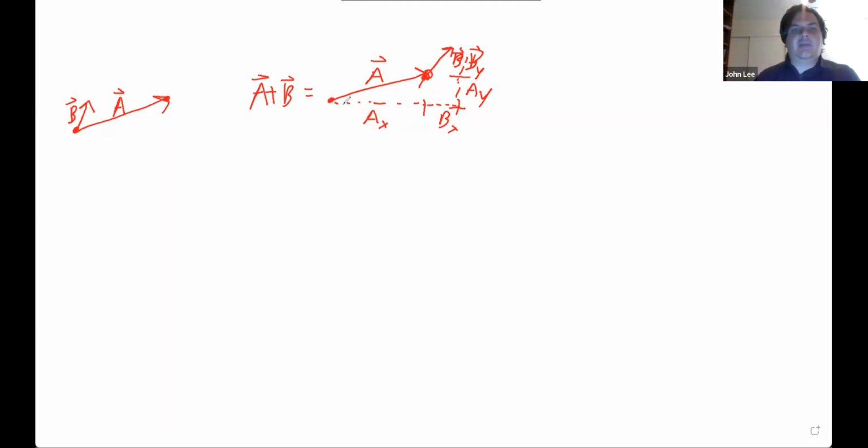Because you have your AX component, your BX component, your AY component, and your BY component, you just add those to each other and get the total resultant vector, which is going to be in green.